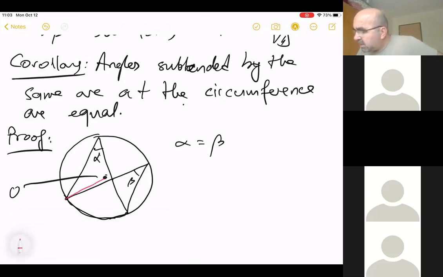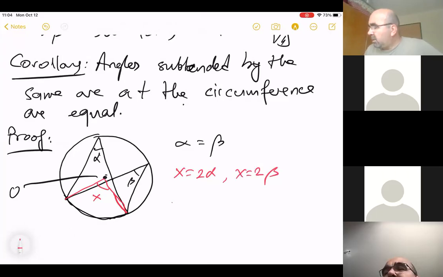And let's draw this arc. This angle, let's say this is x. X is, on the one hand, 2 times alpha, and on the other hand, x is equal to 2 times beta by the previous theorem. So therefore, alpha is equal to beta, which is x over 2. Okay.